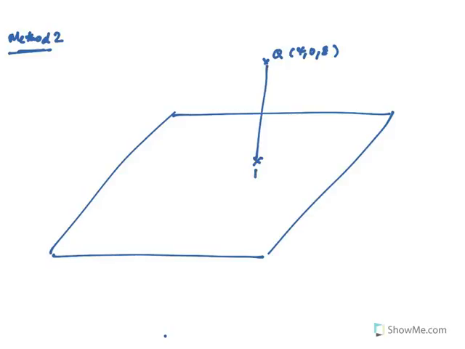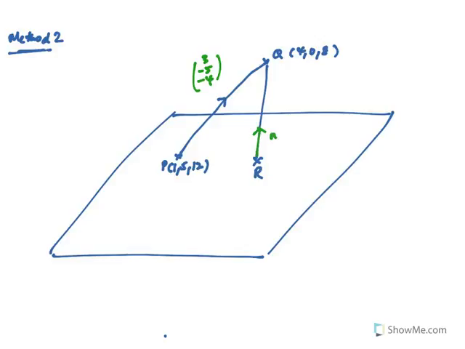Because the foot of the perpendicular is R, there's another point on the plane, remember, which is (1, 5, 12). This is the point that lies on the plane. I can find PQ, which is none other than (3, -5, -4). I can project this onto the unit vector of the normal.